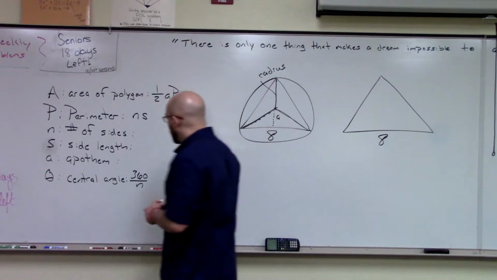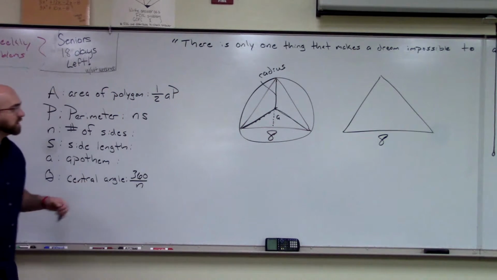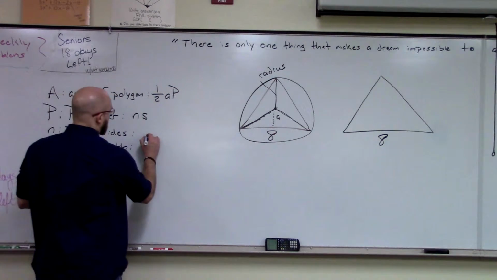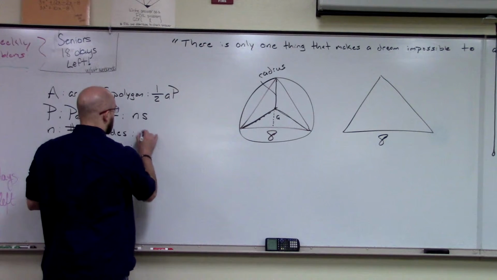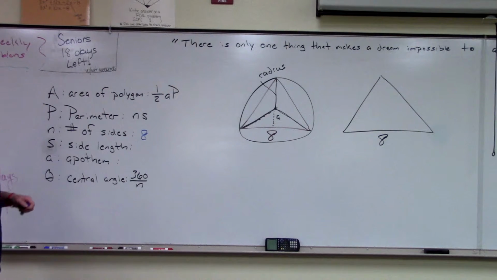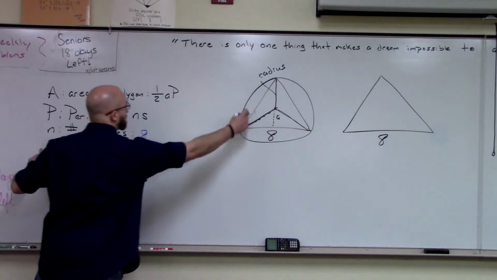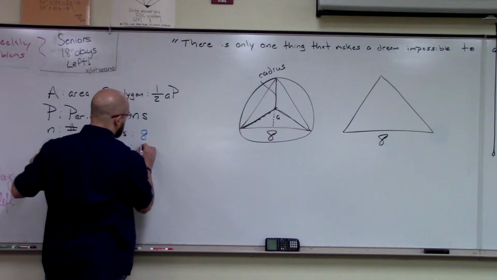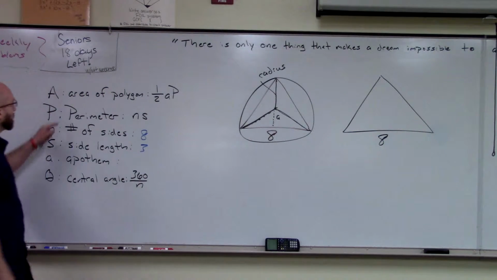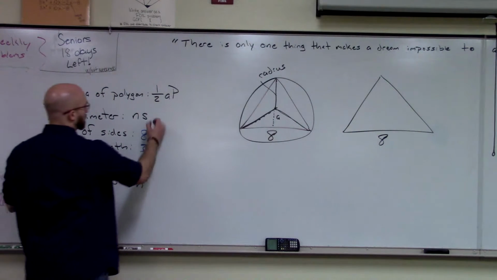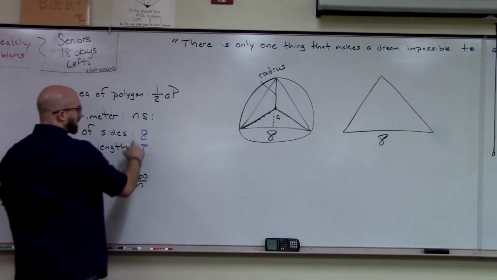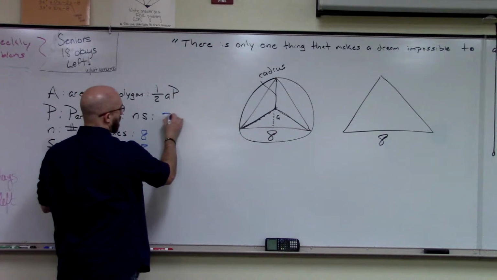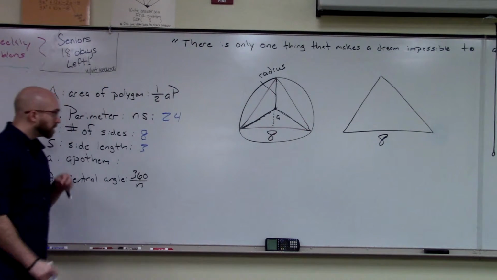So I'm going to come back over here to my list of criteria. Let's list what our side length is: 8. Number of sides, we have 3, because it's a triangle, going off our base in our first image. So therefore we can find perimeter, which is 3 times 8, 24.